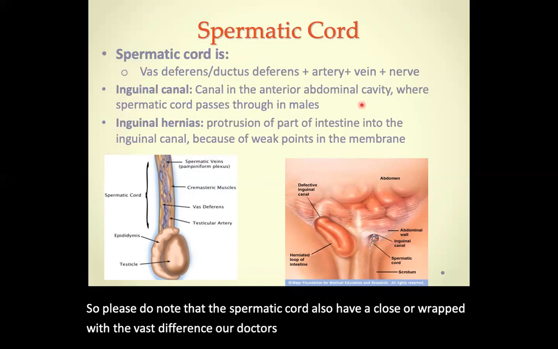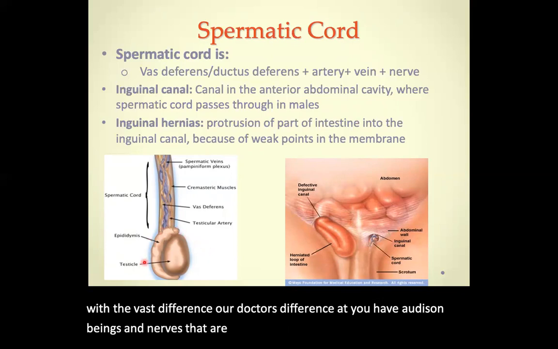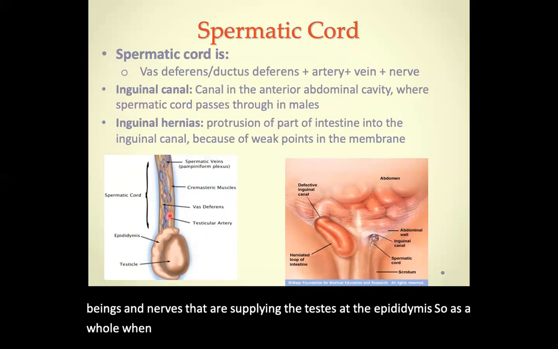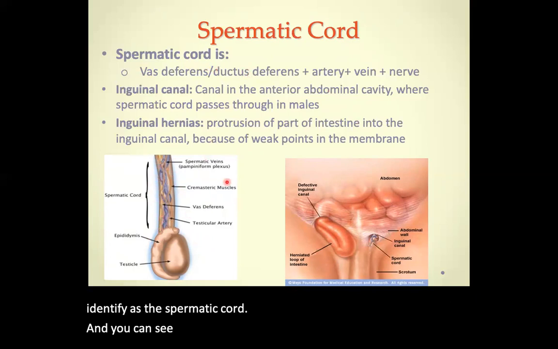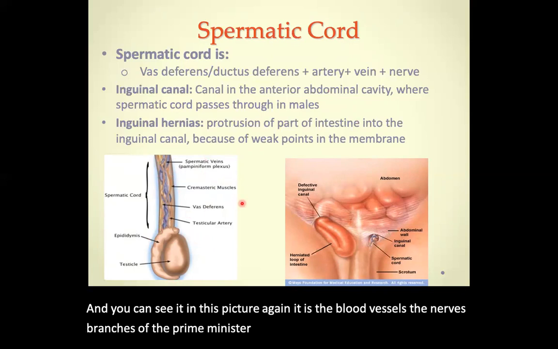You have arteries, veins and nerves that are supplying the testes and the epididymis. As a whole, when you bundle these together, that will form what we identify as the spermatic cord. You can see it in this picture again. It is the blood vessels, the nerves, branches of the cremaster muscles, as well as the vas deferens.